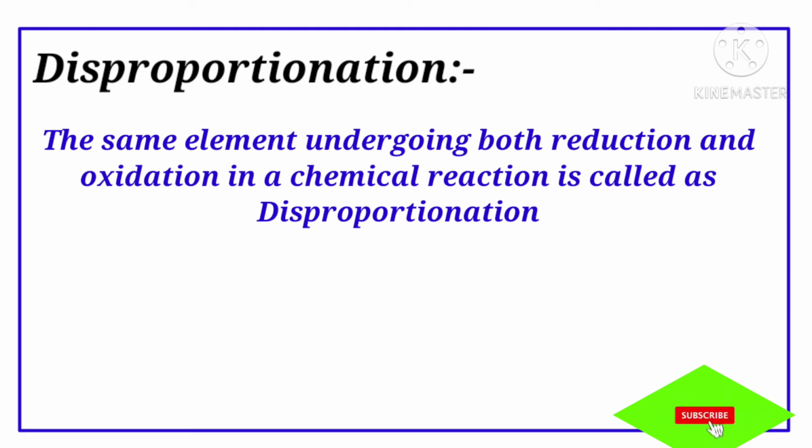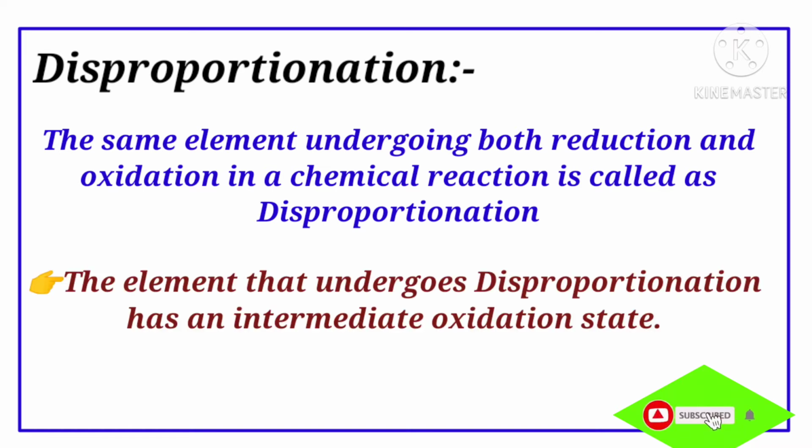That means the same reactant undergoes both oxidation and reduction in a chemical reaction, and that reaction is called a disproportionation reaction. The element that undergoes disproportionation has an intermediate oxidation state.